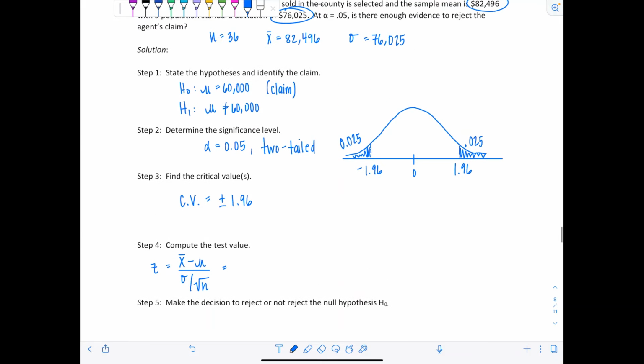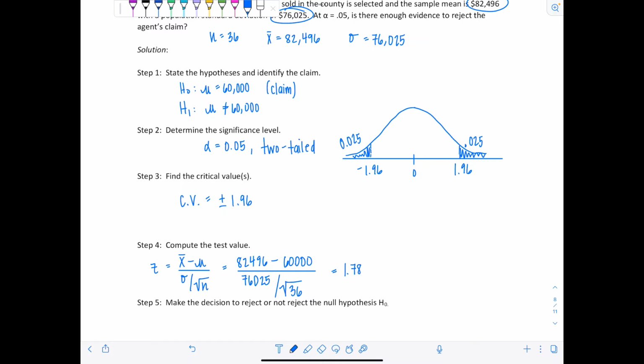We listed it up there. 82,496 minus mu is 60,000 divided by sigma, that's 70, that's a very large standard deviation, over rad n, rad 36, which is 6. Okay, punch that all in your calculator. And I ended up with 1.78, as should you.